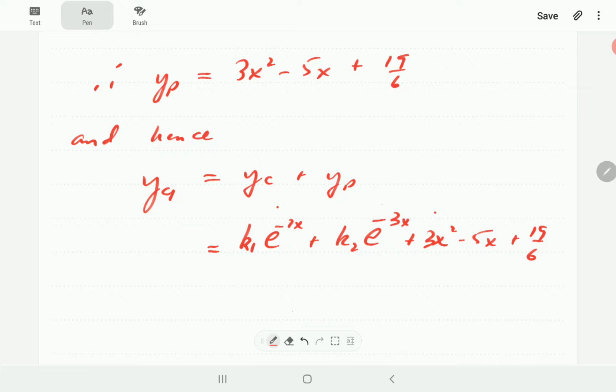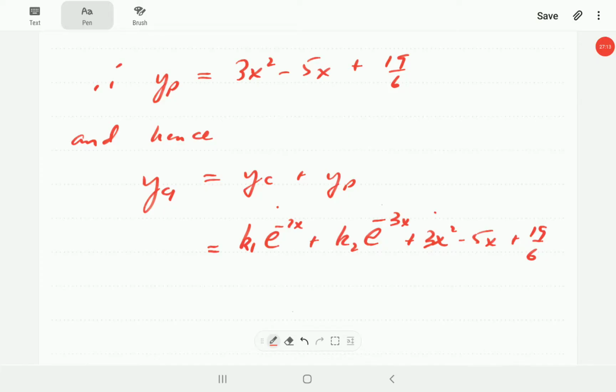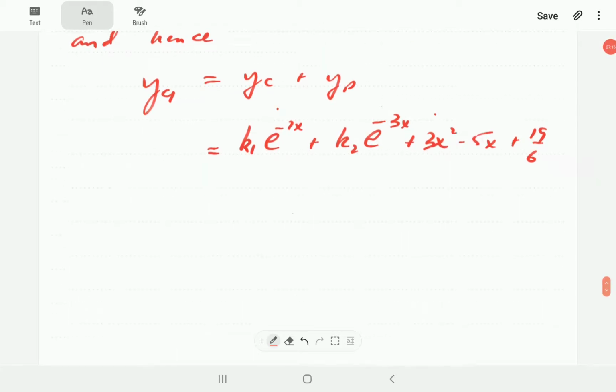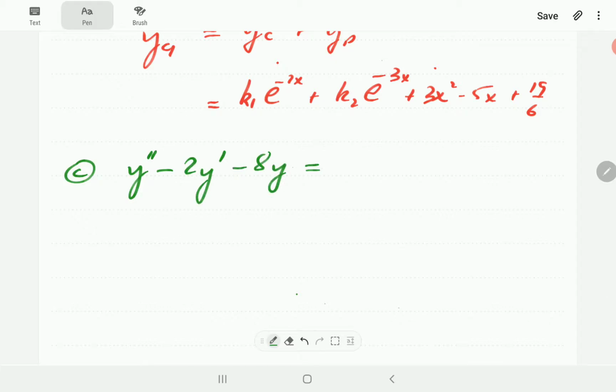So that is going to be the solution for part B. All right, we're now going to go to example number C. In example C, we have got y double prime minus 2y prime minus 8y equals 4 times sine 2x.